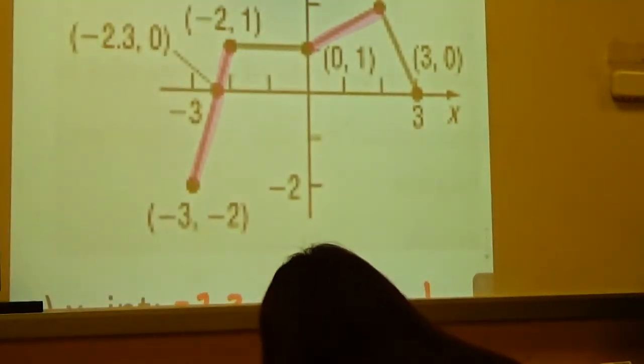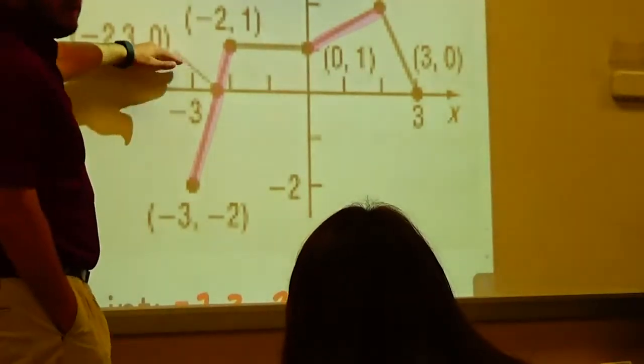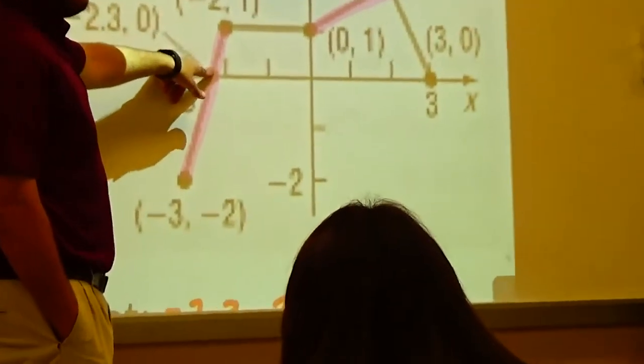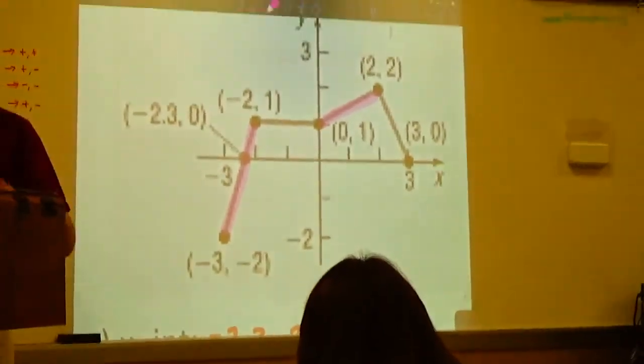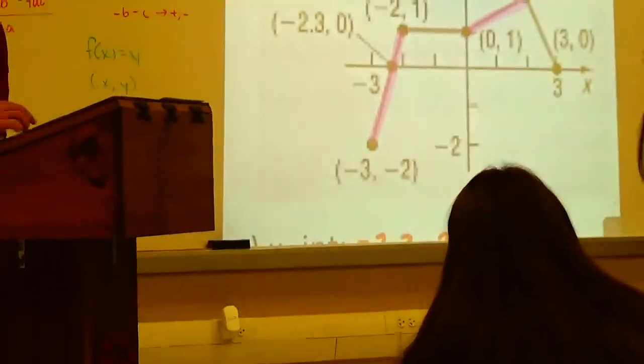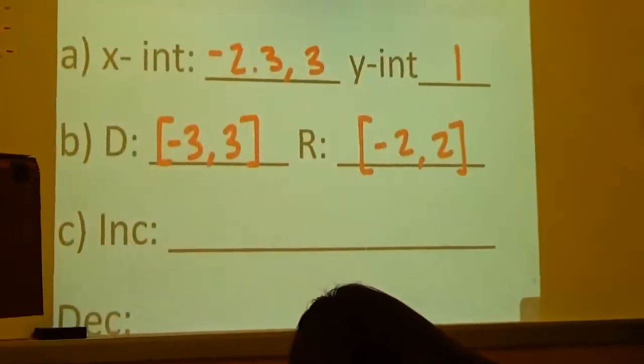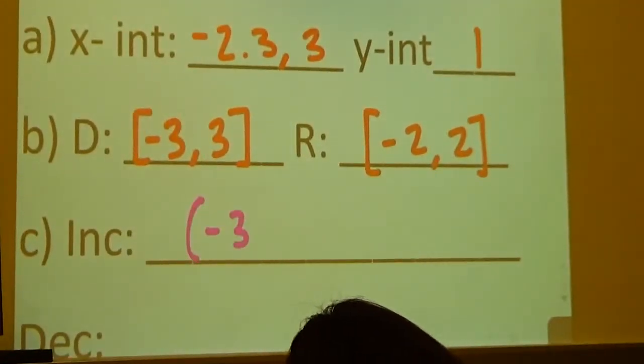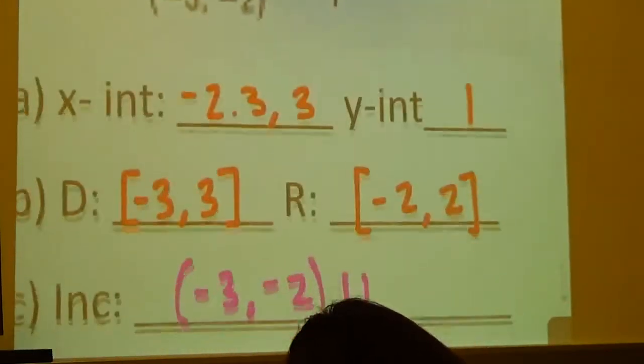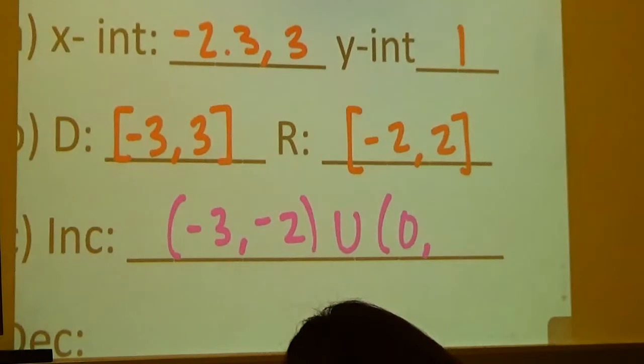Because really, the only reason this point's here is because it crosses the x-axis. So that's from -3 to -2, and from 0 to 2.